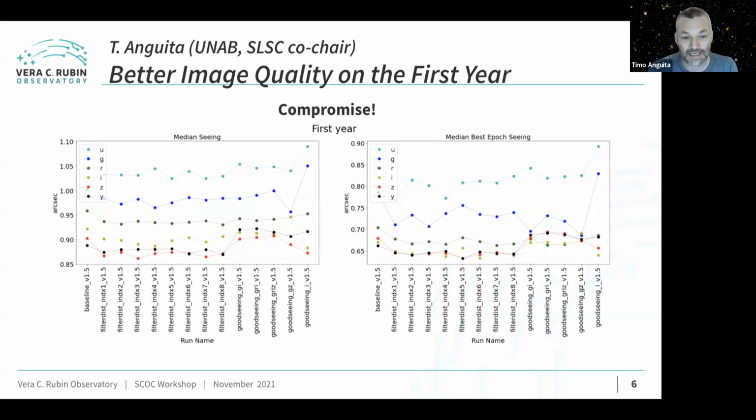And you can see that it goes significantly better than baseline for all of the different simulations that we tested. So what we're suggesting is that we would be very happy, for example, to follow one of these seeing optimized strategies in the first year, and then we can run the baseline strategy for the next 9 years.